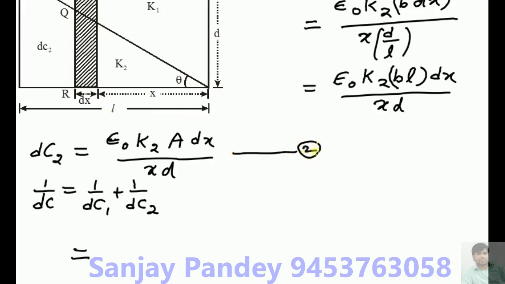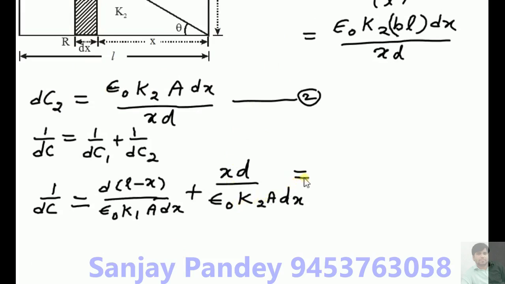Now using equations 1 and 2, we get 1 upon dC equal to D into L minus x upon epsilon naught K1 A dx, plus x D upon epsilon naught K2 A dx.